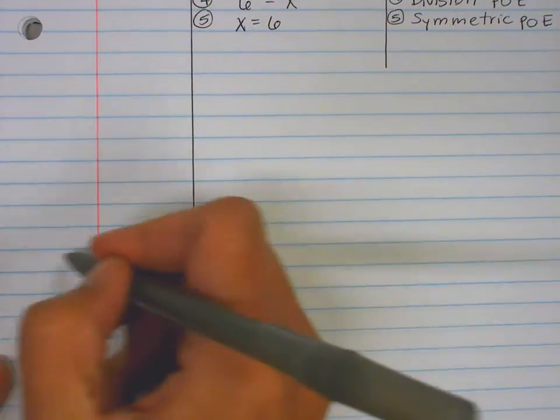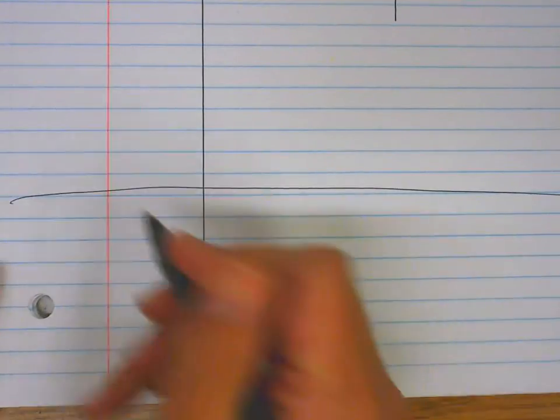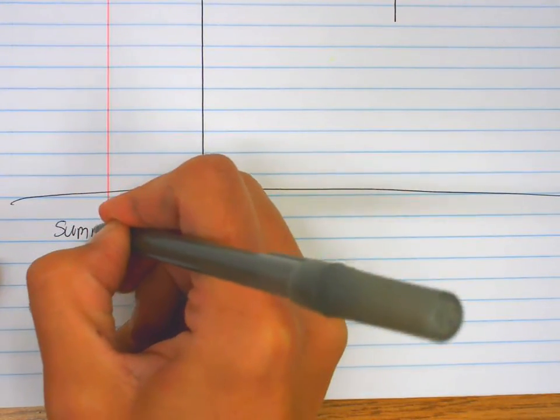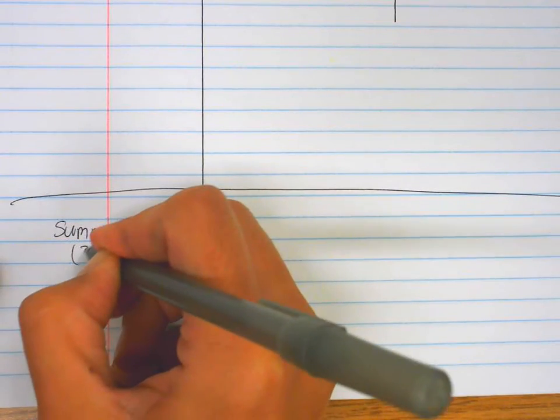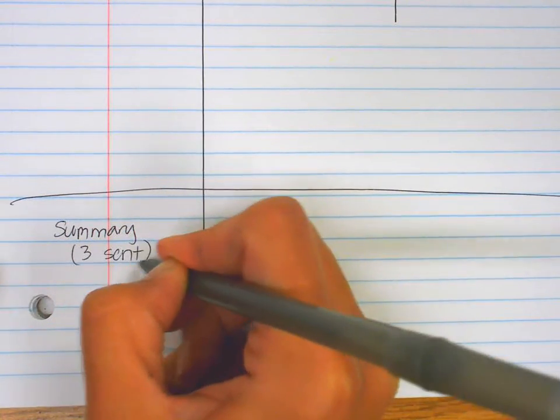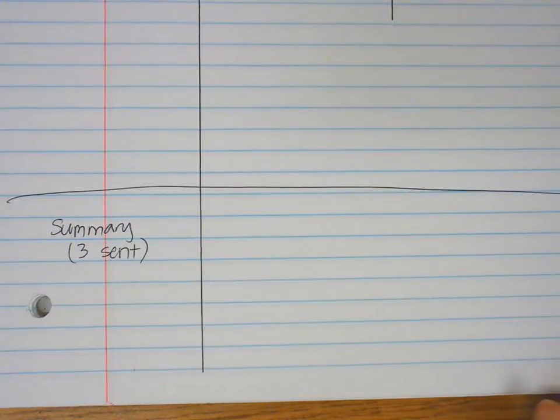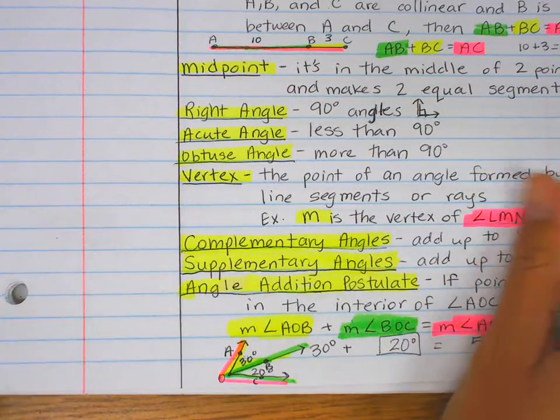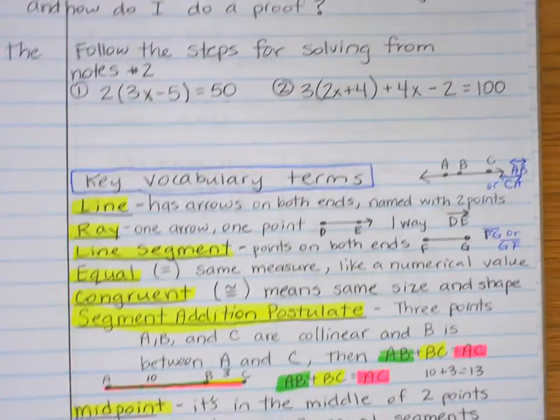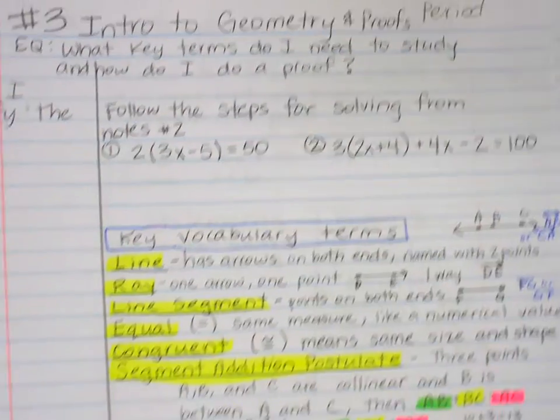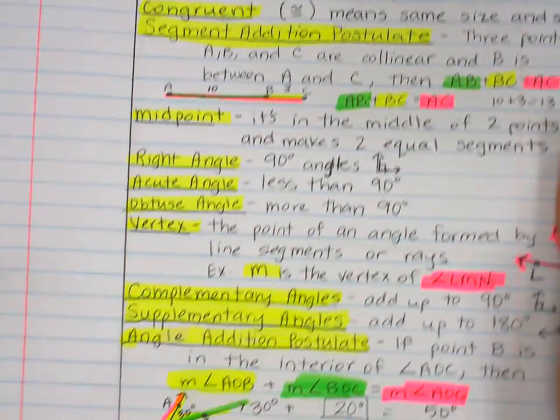But what I do need to have at the bottom is a summary. Summary, and again, you guys, it's 3 sentences. It could be more, but it can't be less, okay? All right, so use these notes when you start your ALEKS assignment. ALEKS assignment number 3. You will have to use a lot of these key terms right there.